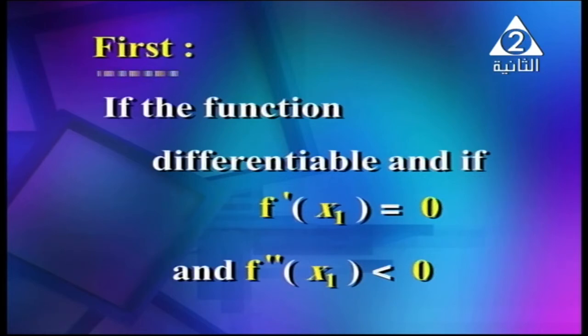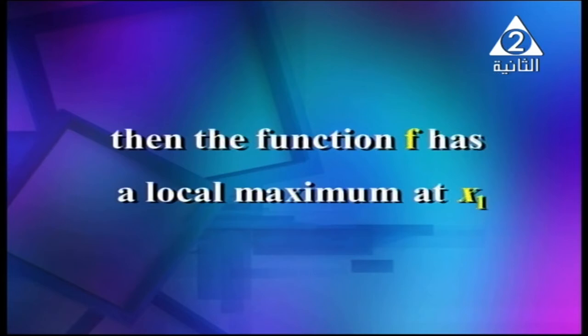First, we have a function differentiable on this interval and f dash of x1 equals 0, and f double dash, or the second derivative of the function at this point, is smaller than 0. What do you deduce, my dear student? Then the function f has a local maximum value at this point x1.